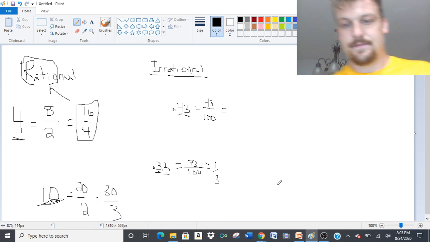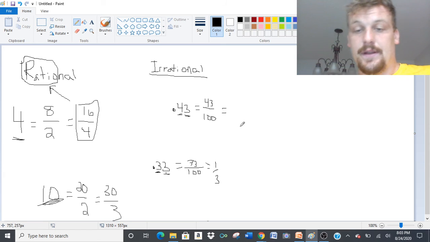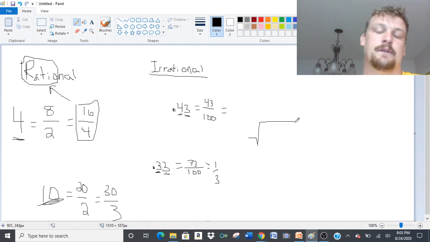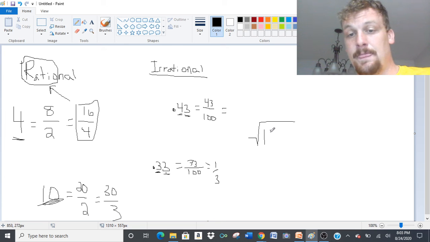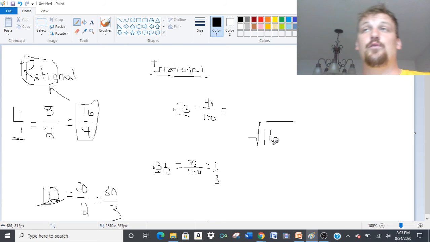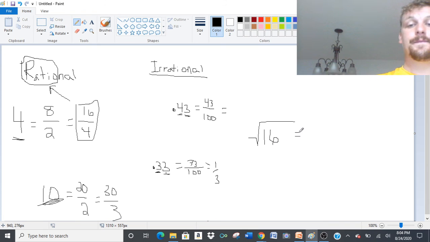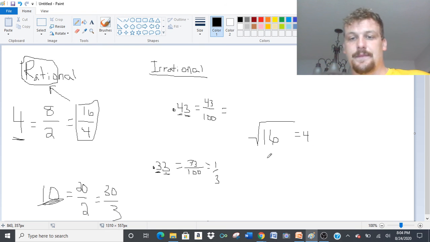Another example of an irrational number is a non-perfect square. If you remember, square roots are basically the opposite of something that is squared. If I'm asking what is the square root of 16, I'm thinking of a number multiplied by itself that equals 16, which in this case is 4, because 4 times 4 equals 16.